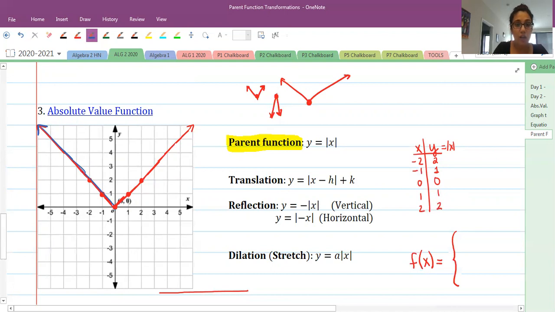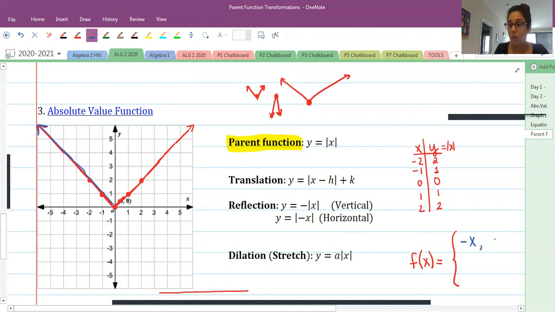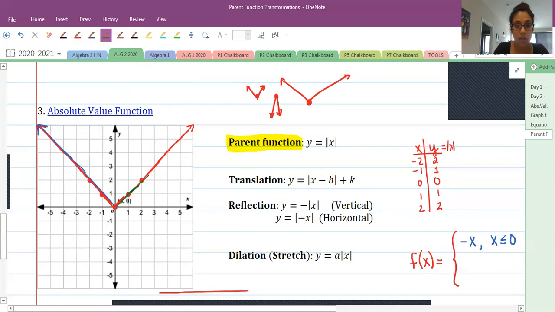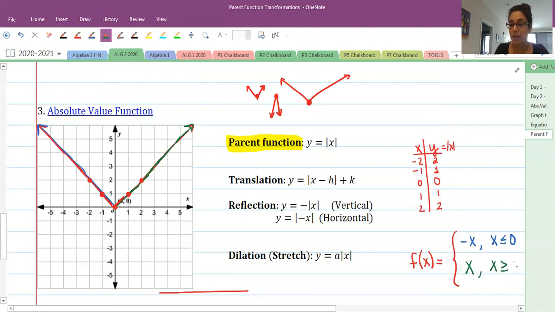The first one is the equation -x, a slope of -1 and a y-intercept of 0, when x is less than or equal to 0. And this other portion here is x, when x is greater than or equal to 0.